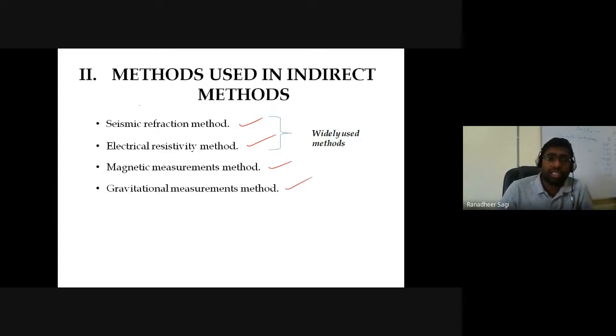But out of all of these, the seismic refraction method and the electrical resistivity method are very widely used methods for exploring the ground and understanding the condition of the ground in the case of indirect methods.